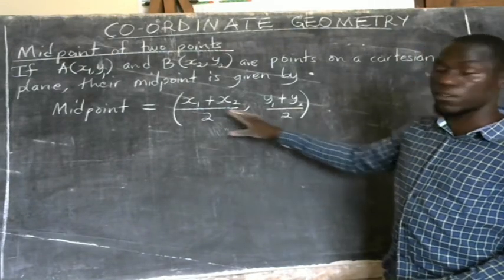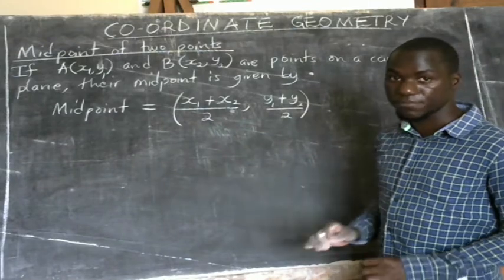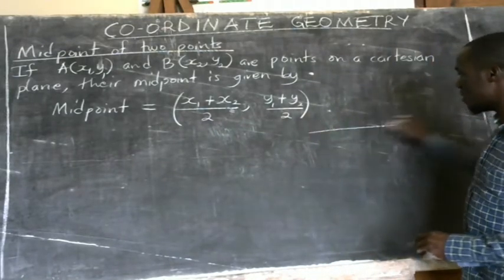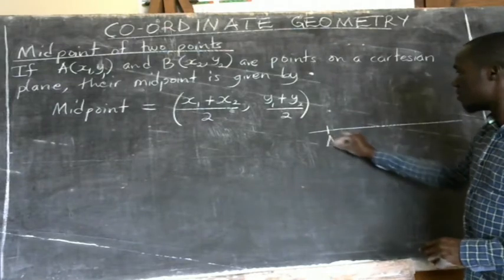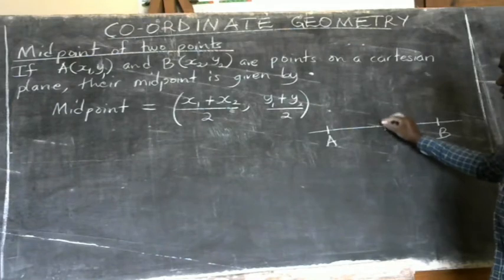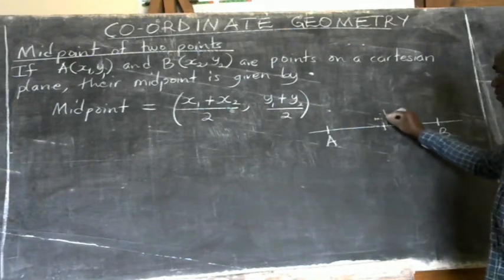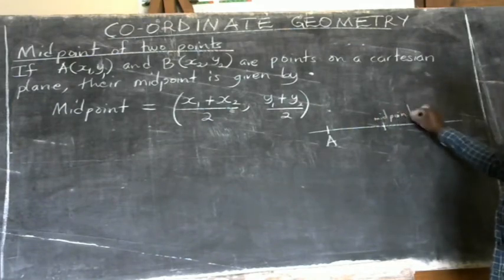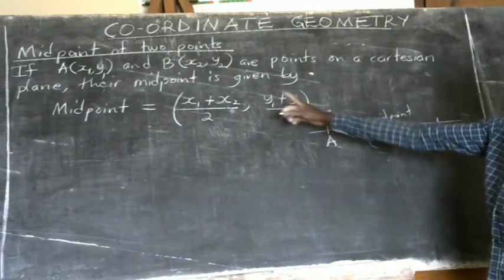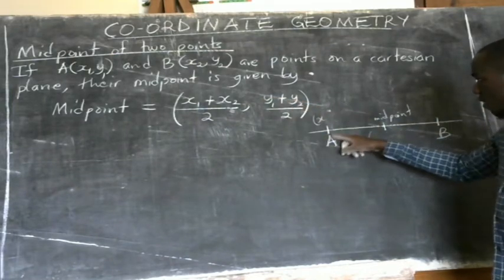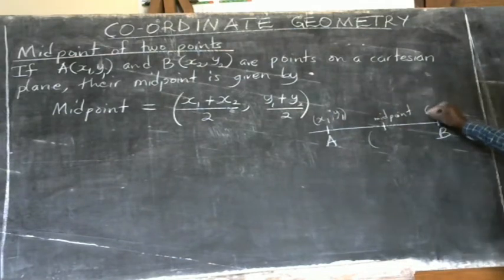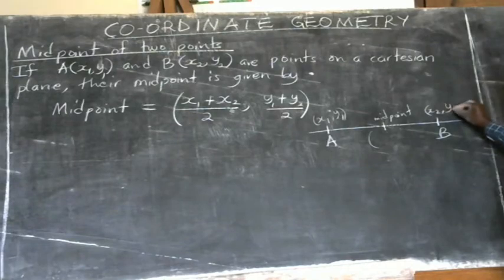The midpoint is a point itself, just the point in between points A and B. It must also have coordinates given by those, if A has x1, y1, and B has x2, y2.